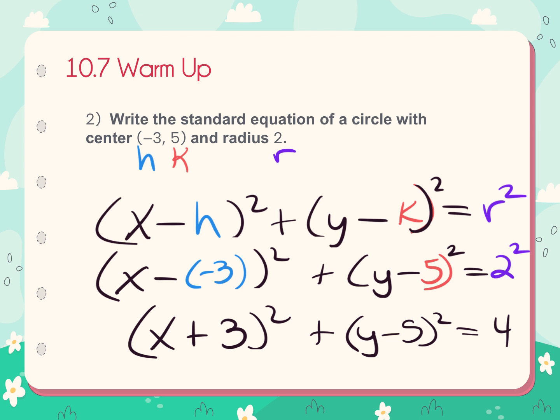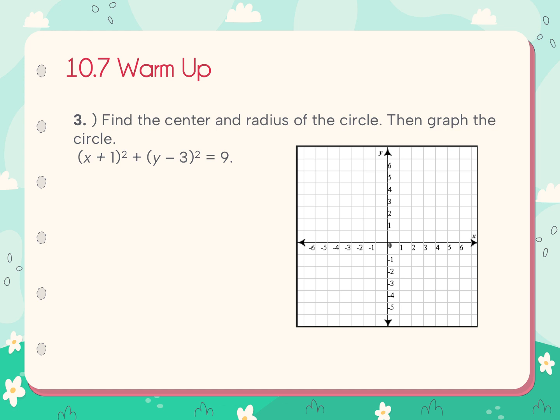Also be able to find the center point and the radius given an equation. Remember, my h value is here, my k is here, and this 9 is actually the radius squared. Now, for the h and the k, it's backwards of what it looks like.